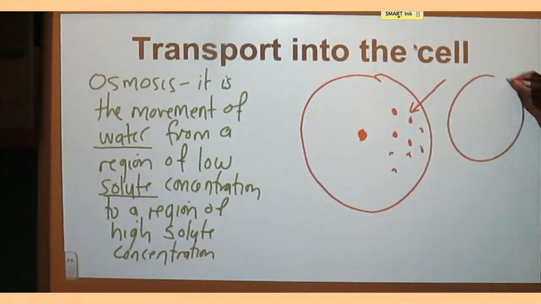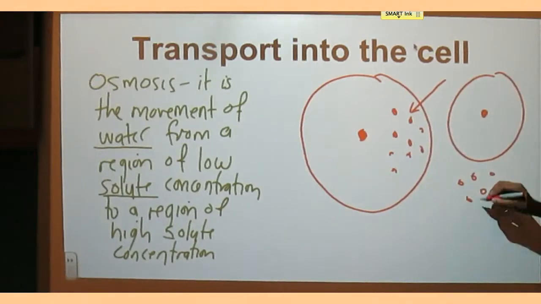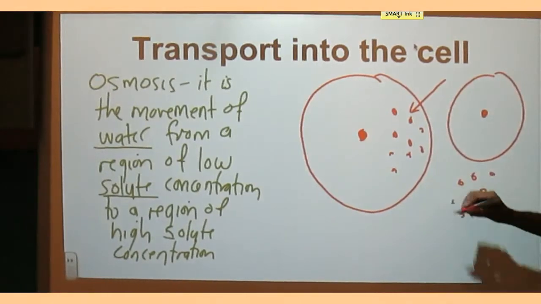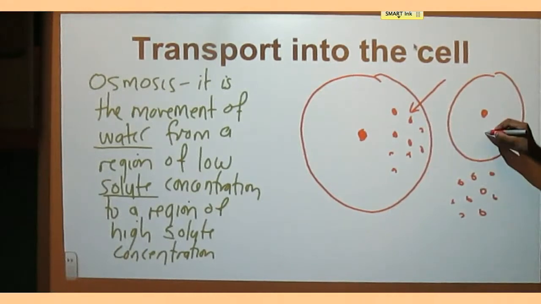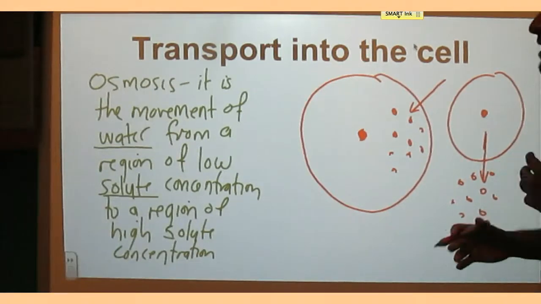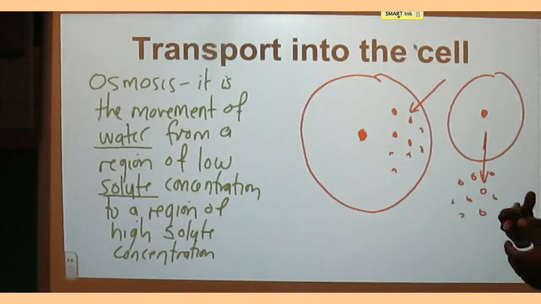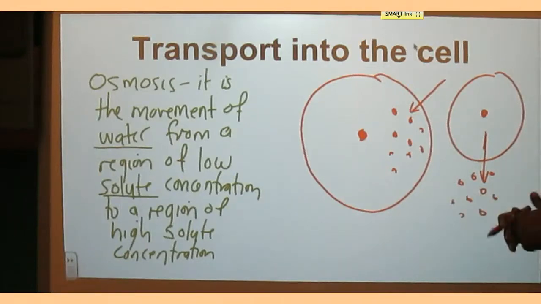Similarly, if we have another cell with solute in high concentration, meaning a high amount, water will move from where there is a low solute concentration to where there's a high solute concentration, so it'll move out of the cell. The similarity between diffusion and osmosis is that both are the movement of particles without any use of energy.